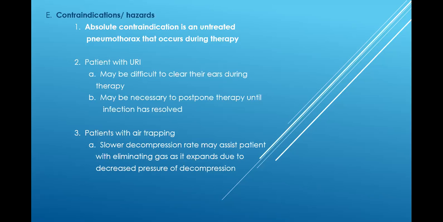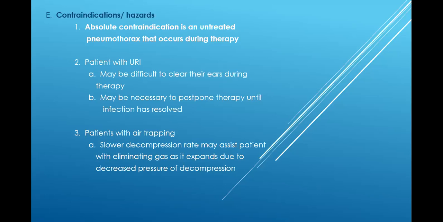Number 3, patients with air trapping. Air trapping is when I breathe in and I breathe out, but before I can get it all out, I breathe in again. That's leaving air still in there. That's called air trapping. A slower decompression rate may assist a patient with eliminating gas as it expands due to decreased pressure, or decompression.